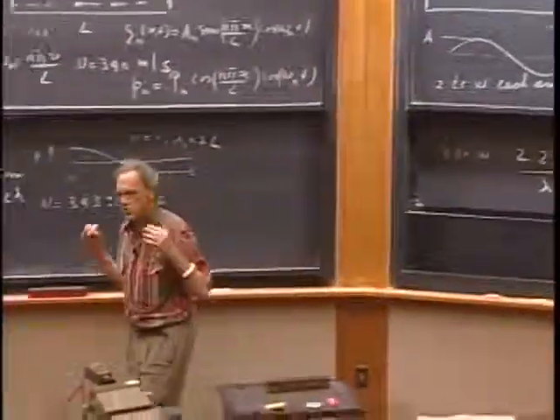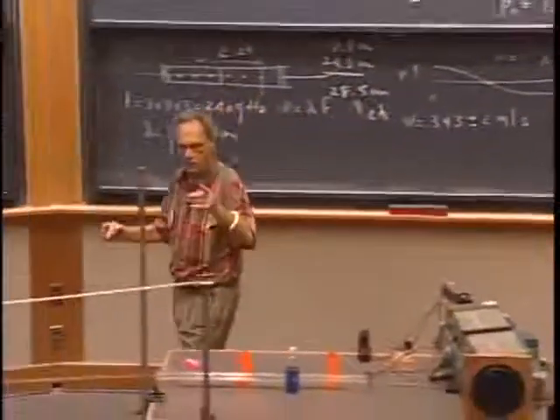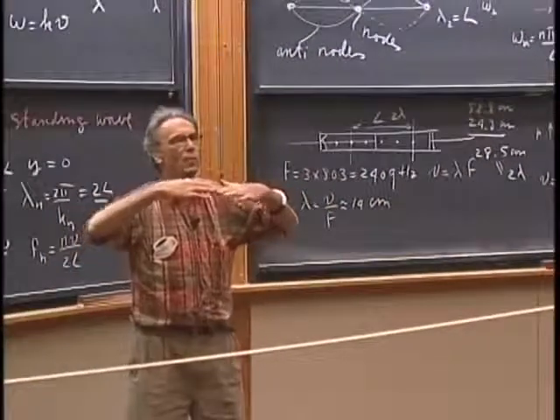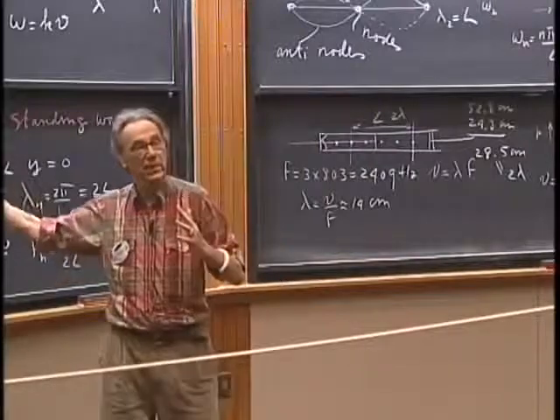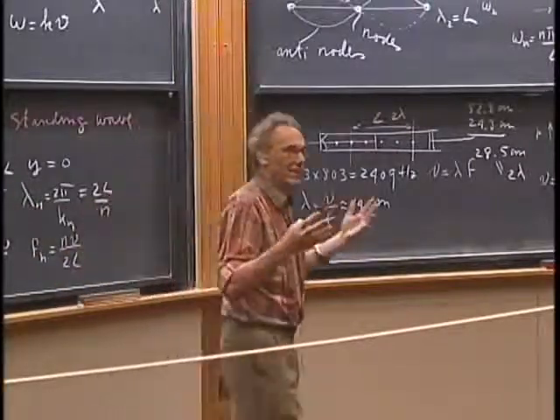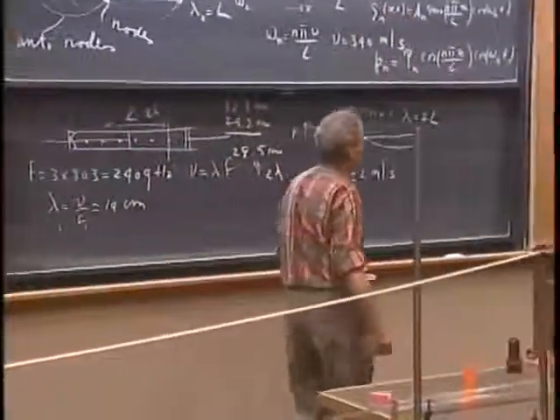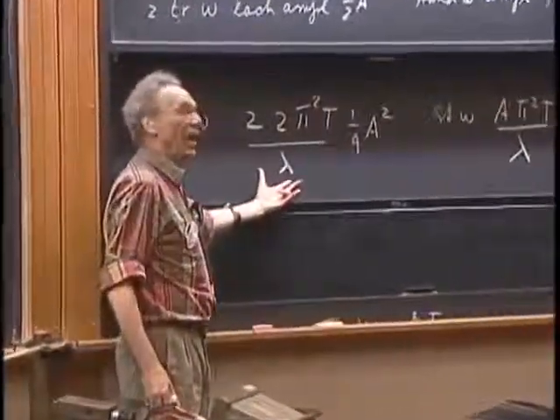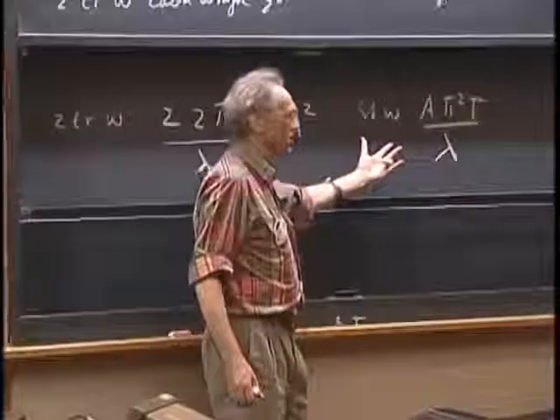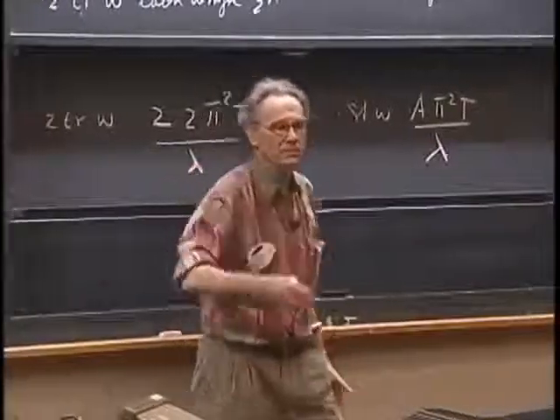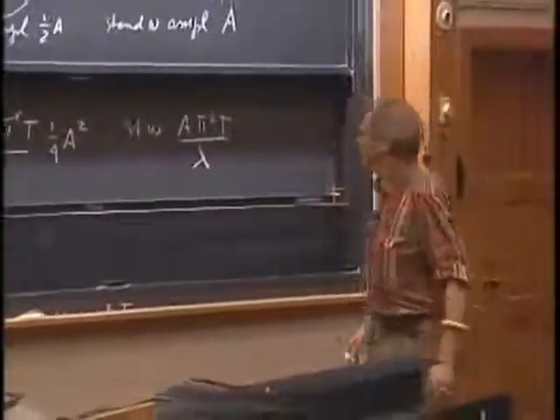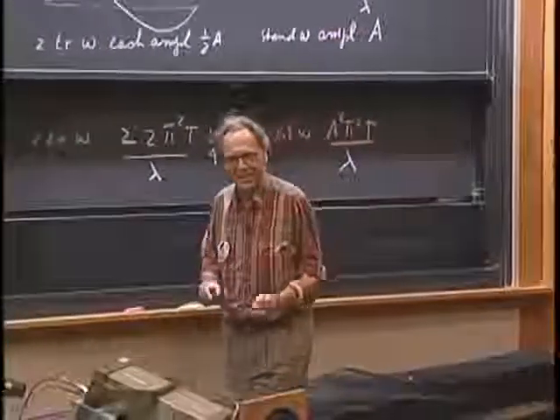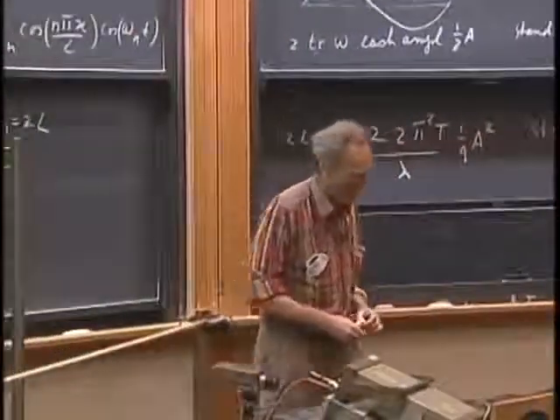So you see the consistency: two traveling waves making up one standing wave, in the exercise I did earlier, that indeed energy is conserved. The energy in the two traveling waves with half the amplitude gives you then a standing wave with A. Yes? A squared. Thank you very much. Always A squared. And what I said, energy is always A squared. Thank you very much.